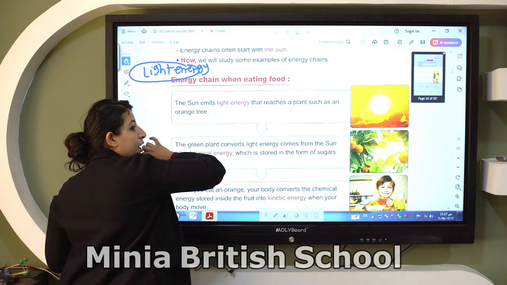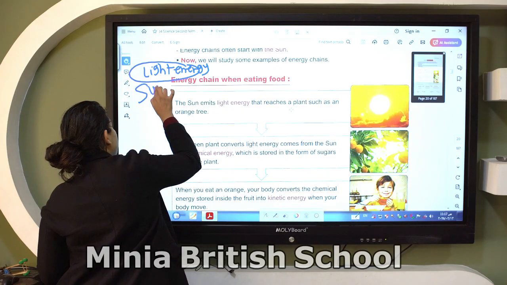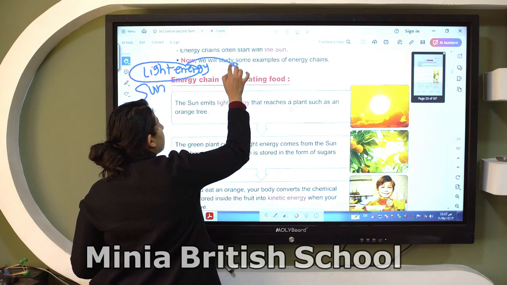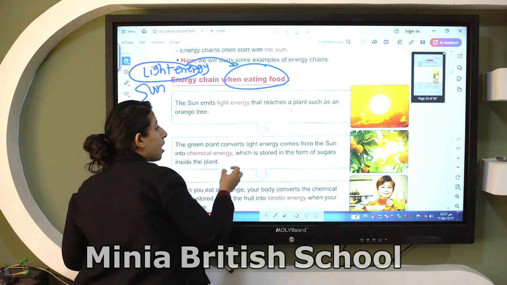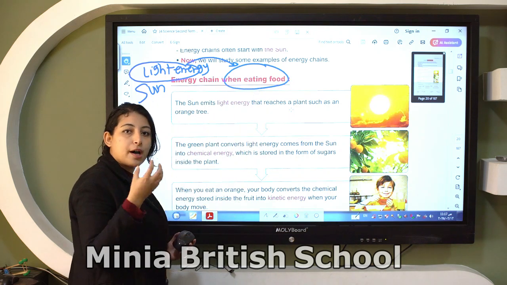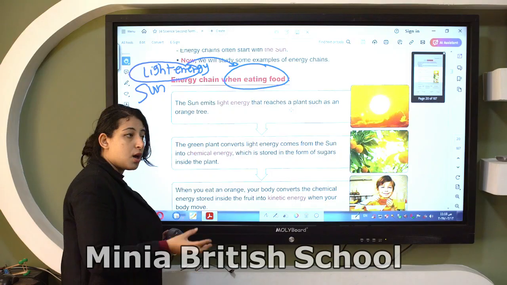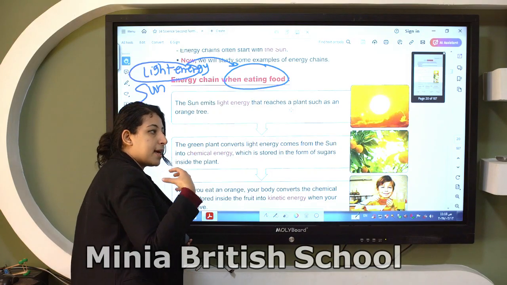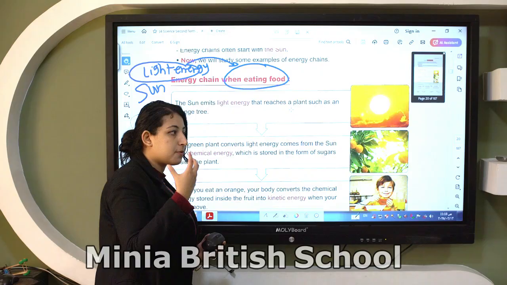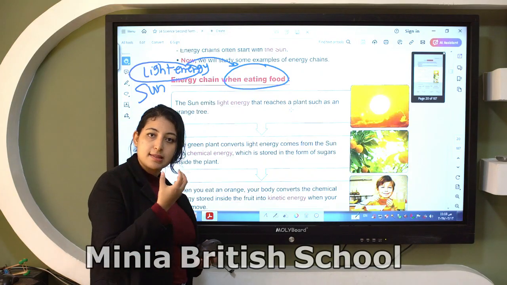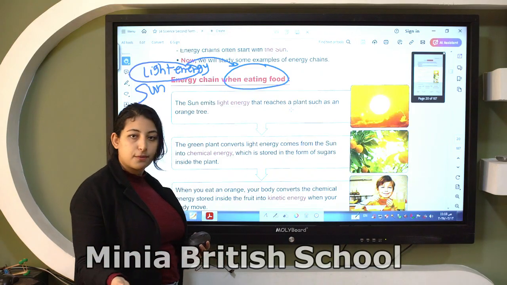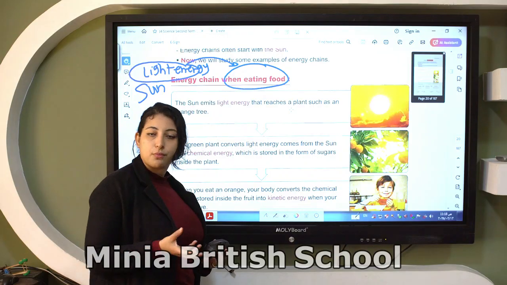I can say light energy that is produced from the sun changes into what? In the plants we eat. Plants can make their own food by the photosynthesis process, right? Okay. Plants make their own food by the photosynthesis process. I mean, they need sunlight, carbon dioxide from the air, water and minerals from the soil.